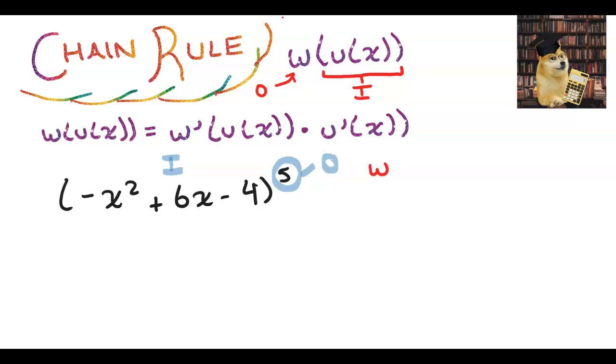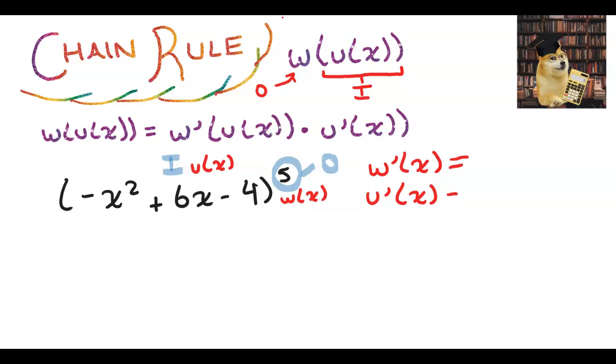So it will be this easy. We are going to get u prime of x and w prime of x. I will just put here that it is u(x) and here w(x).